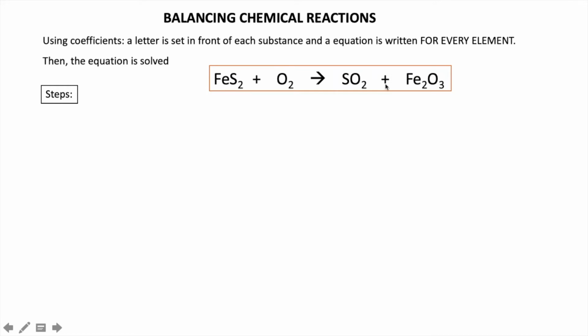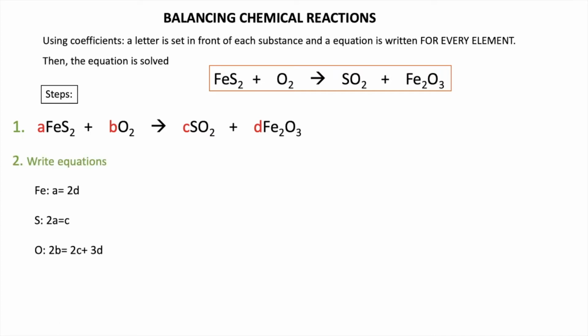Here we have only 1 and here we have 2. So it is unbalanced. First of all, we need to write letters in front of each substance of our equation.